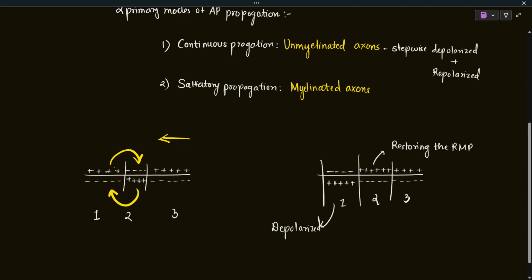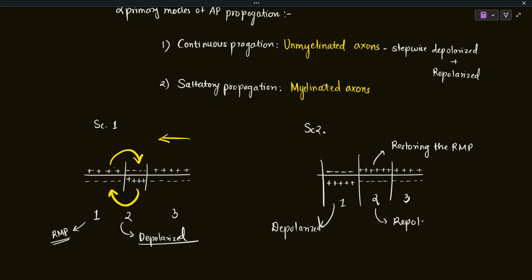Like in this scenario 1, segment 1 is at rest, maintaining the resting membrane potential. The second segment is depolarized. Now in scenario 2, the second segment gets repolarized, restoring the resting membrane potential, and the first segment gets depolarized.